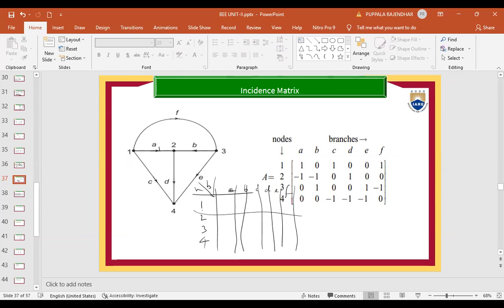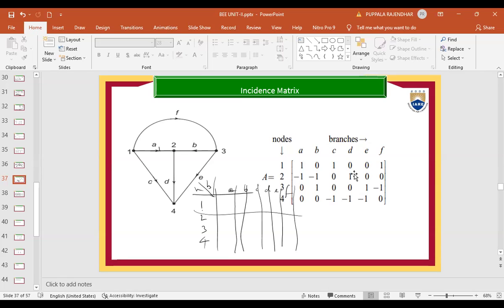Node 1 to element A, branch A. Plus or no, minus or no, 0 no? +1.